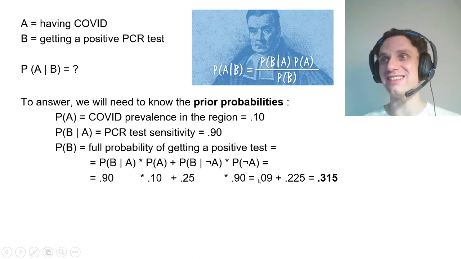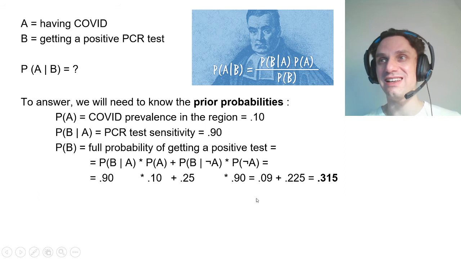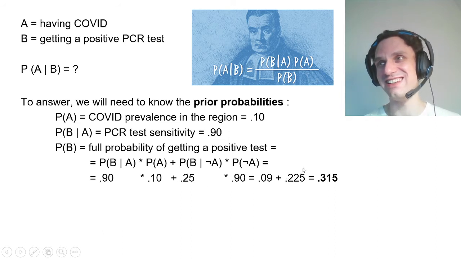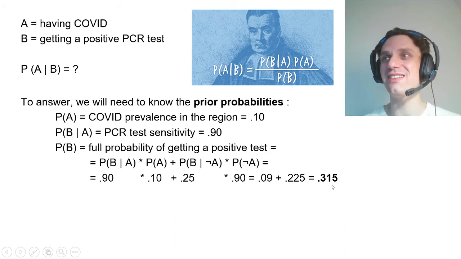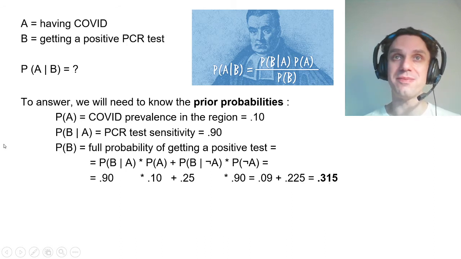And you can see that actually this probability is not so large altogether of being sick and having a positive test. The probability of being not sick and having a positive test is actually combined larger. It's 0.23 almost. So altogether this full probability of B is 0.315, about 32%.